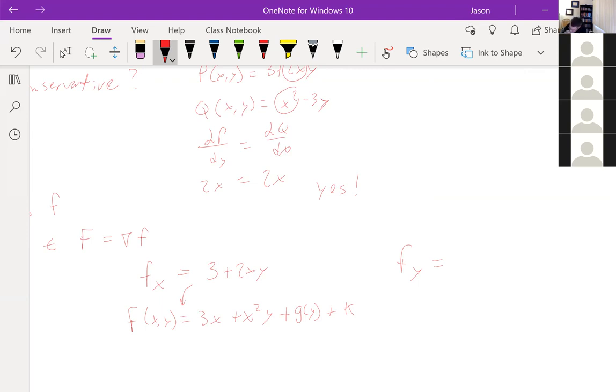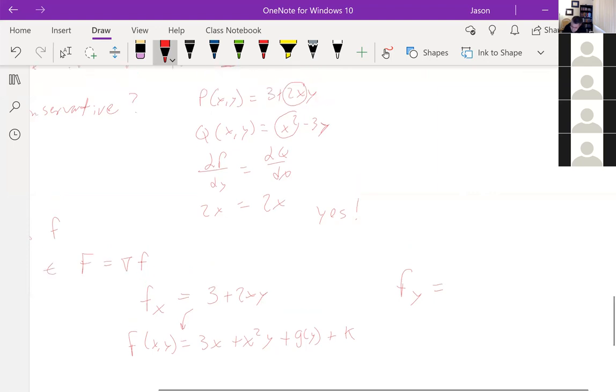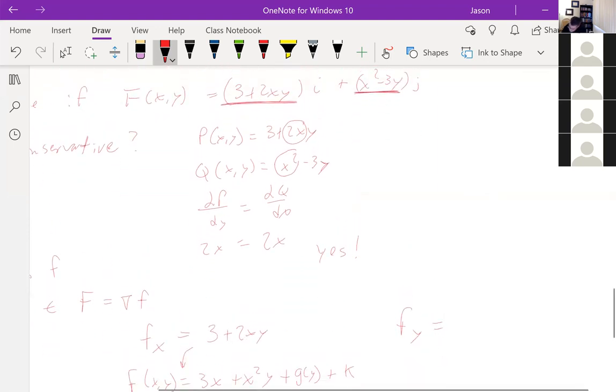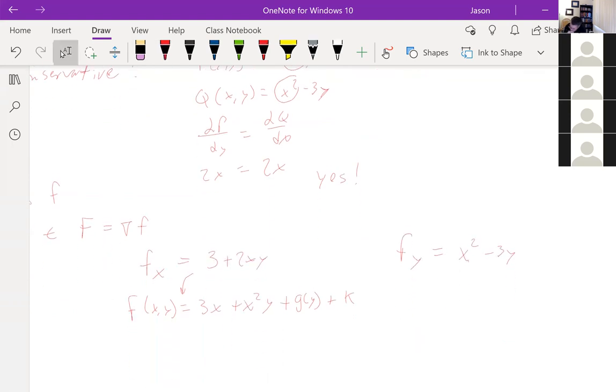Okay, so this f sub y was equal to x squared minus 3y. So what's the partial integration on y here? Well, isn't that x squared y minus 3 halves y squared?